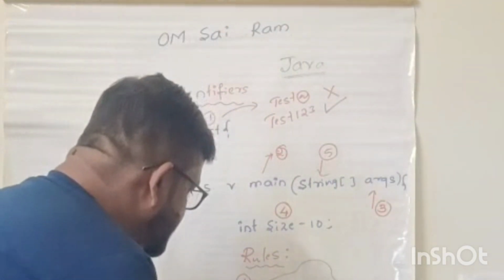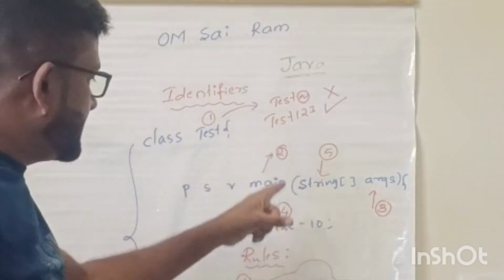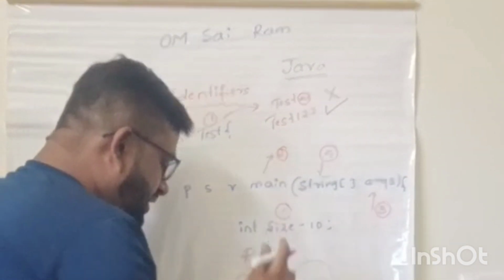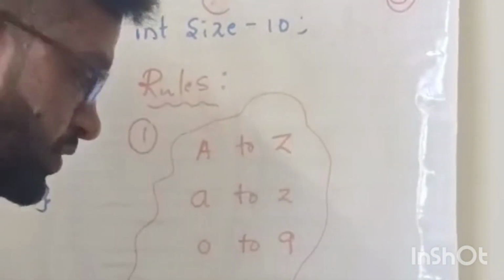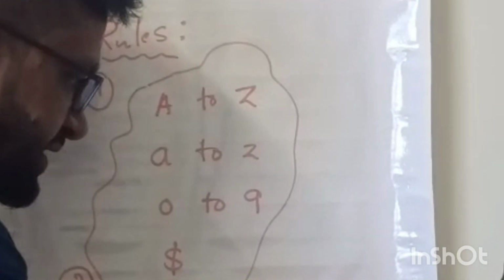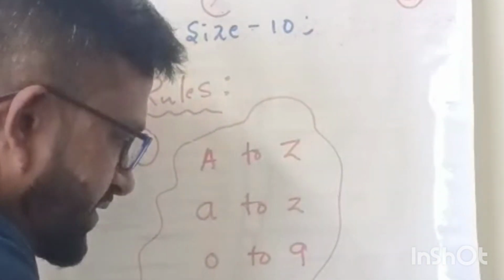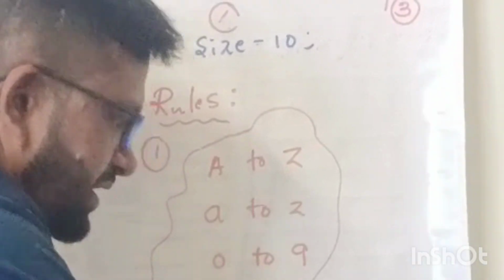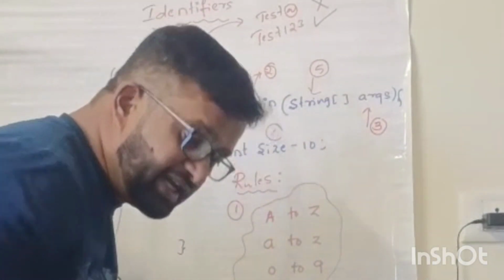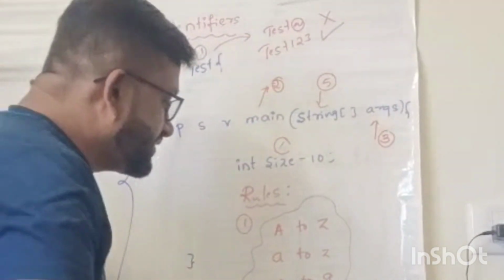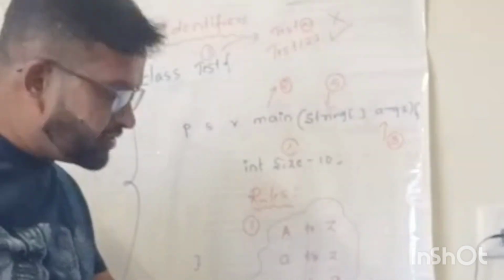So what is the second rule? Rule number 2. I will create a variable called 123size: int 123size is equal to 10. Is this valid or invalid? As per the first rule, this is perfectly fine, because these are all allowed characters.